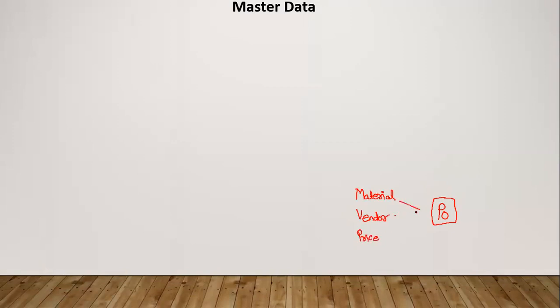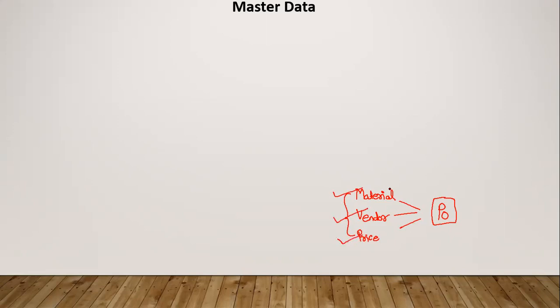All this information comes from master data. Material information comes from material master data, vendor information comes from vendor master data, and price related information comes from the purchasing info record.